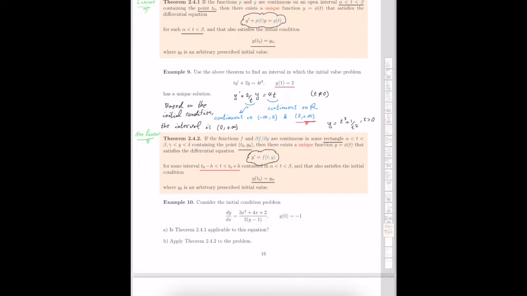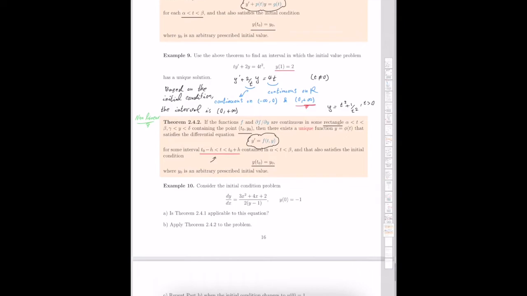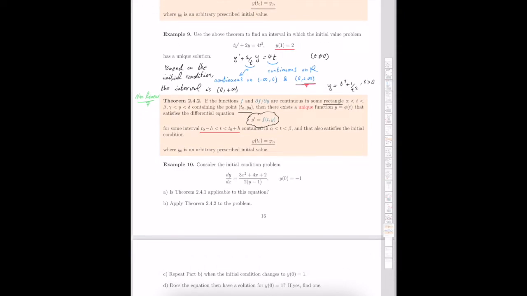It only guarantees the existence of such a unique function for just some interval t0 minus h and t0 plus h, which we have no clue how it looks like. So it's more of a guarantee type of theorem rather than the previous one that also states for what interval that solution exists. Okay, so let's go through an example to explain this.